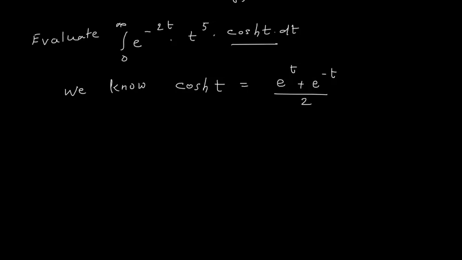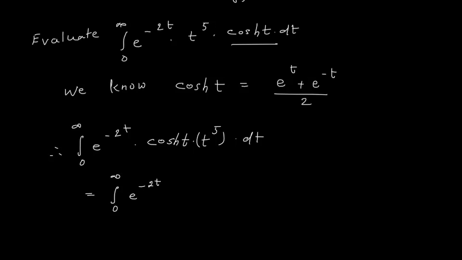Therefore our integration 0 to infinity e power minus 2t into cos hyperbolic t into t power 5, let us write this t power 5 separately, into dt, this will become 0 to infinity e power minus 2t into e power t plus e power minus t whole divided by 2 into t power 5 dt.